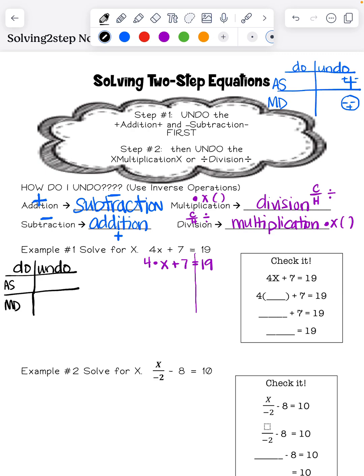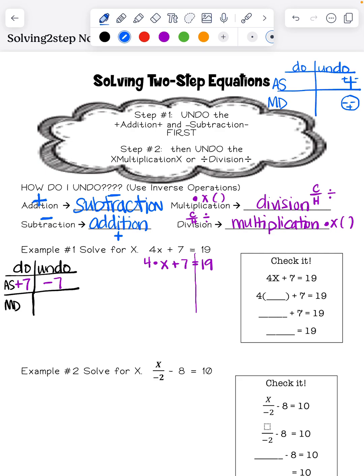So we have to ask ourselves, what is happening in our problem? Well, we can clearly see that they are adding 7. So how do we undo adding? Well, the opposite or the inverse of adding is subtracting. So to undo that, I need to subtract 7.